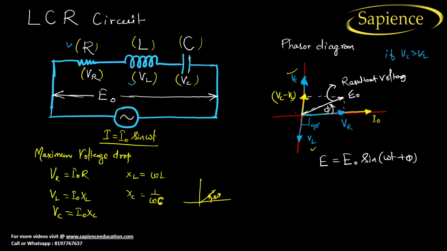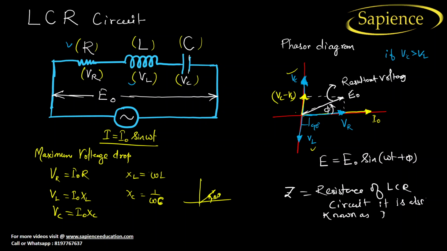So if E naught is the EMF for the whole circuit, then Z is the resistance of the LCR circuit, and it is also known as impedance. Impedance, right?